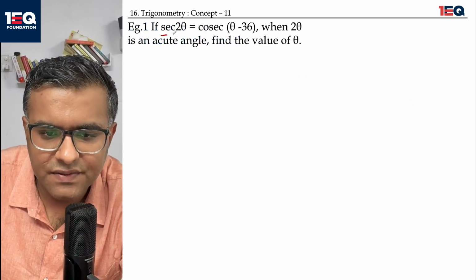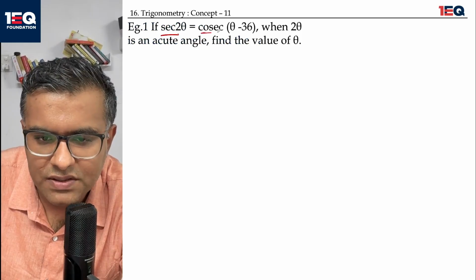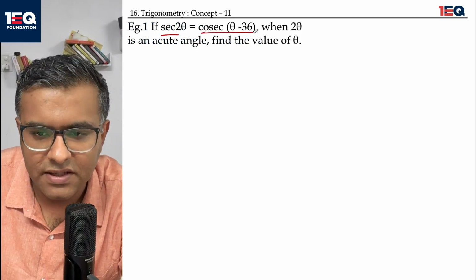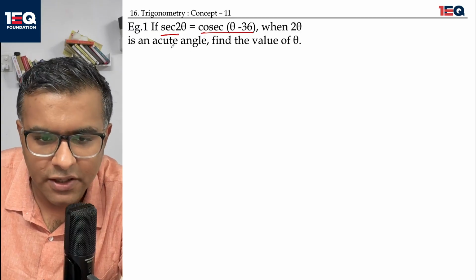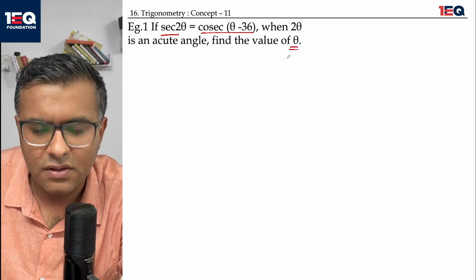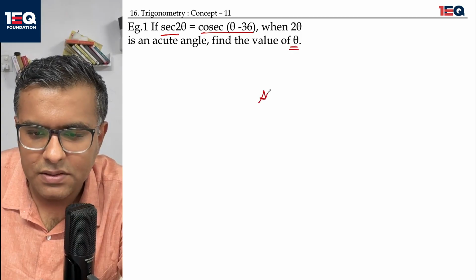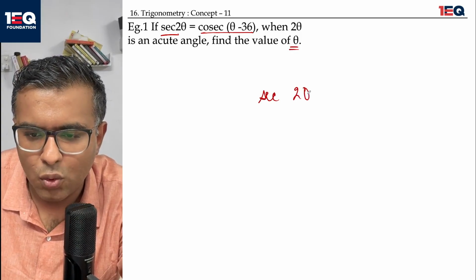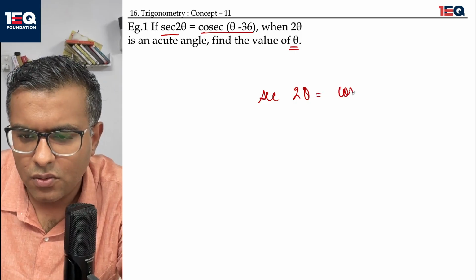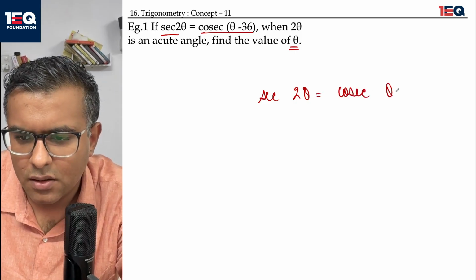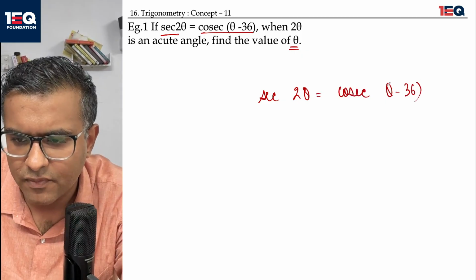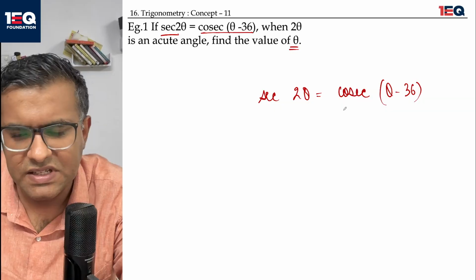It says that if sec 2 theta is equal to cosec theta minus 36 degrees, when 2 theta is an acute angle, find the value of theta. I'm not very fond of using sec, cosec, and cot.